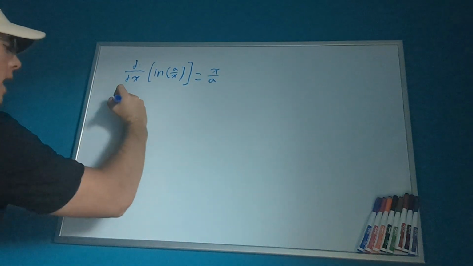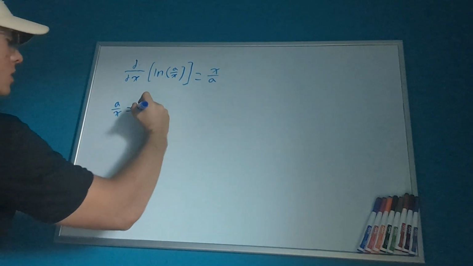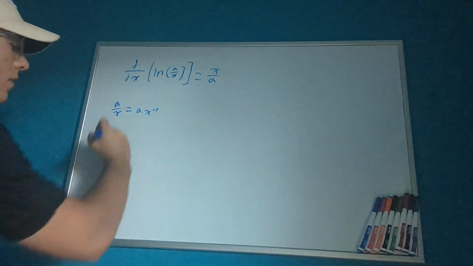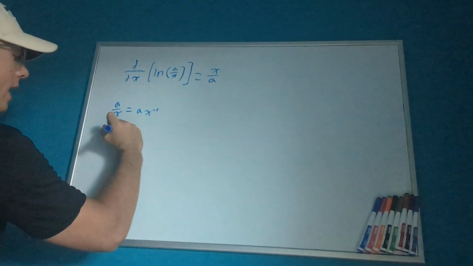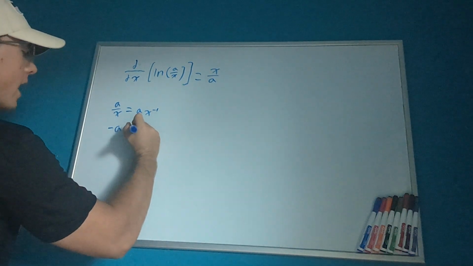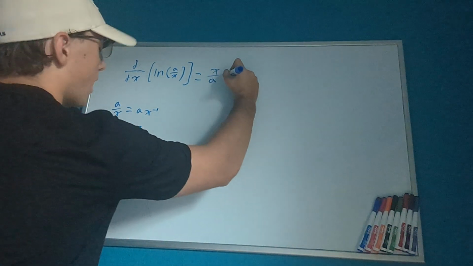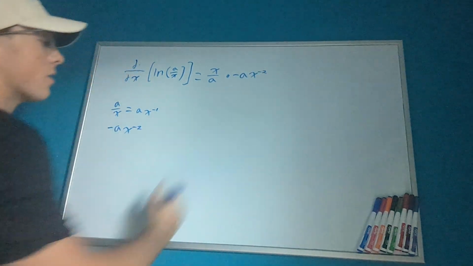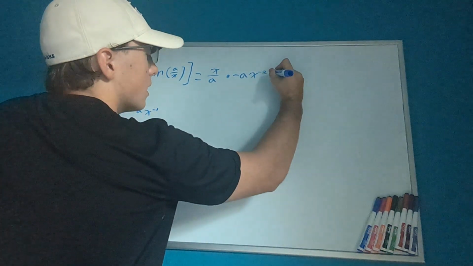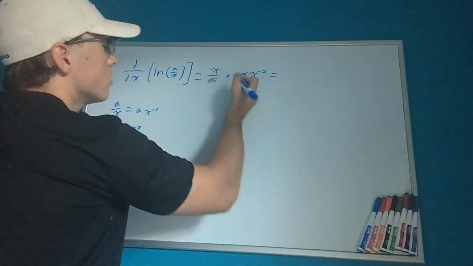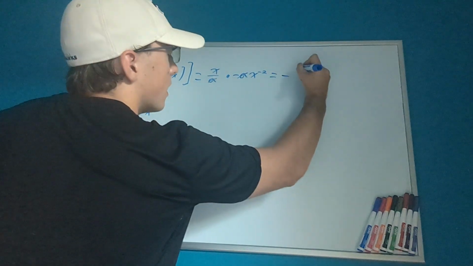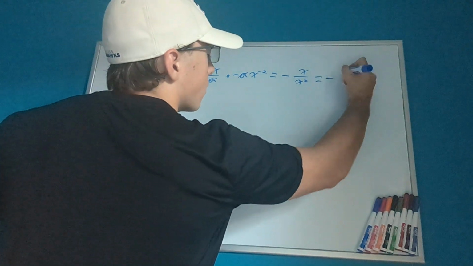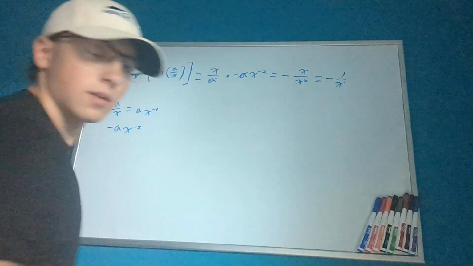Then a over x equals a times x to the negative 1, and if you take the derivative of that, you get negative a times x to the negative 2. So we'll get times negative a times x to the negative 2. Now these a's will cancel out, and we get negative x over x squared, which equals negative 1 over x.